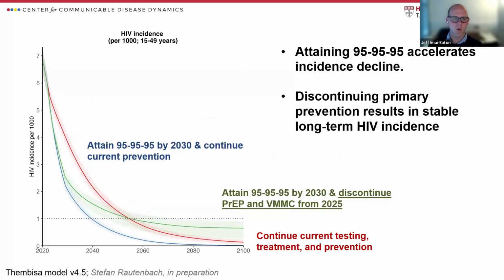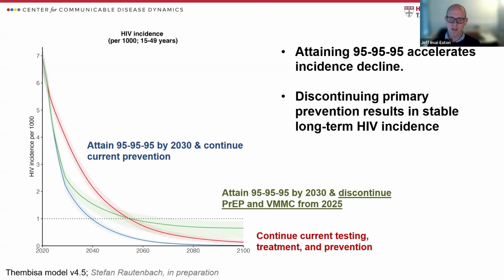And lastly, to think about where we get kind of short-term and long-term impacts from our program, here we looked at what happens if we were to continue our current prevention programs, but also improve linkage and retention in South Africa to attain the 95-95-95 targets by 2030. And in that case, if we attain 95-95-95 rapidly, then we get much more rapid declines in HIV incidence and really drive down HIV incidence up to 2030.